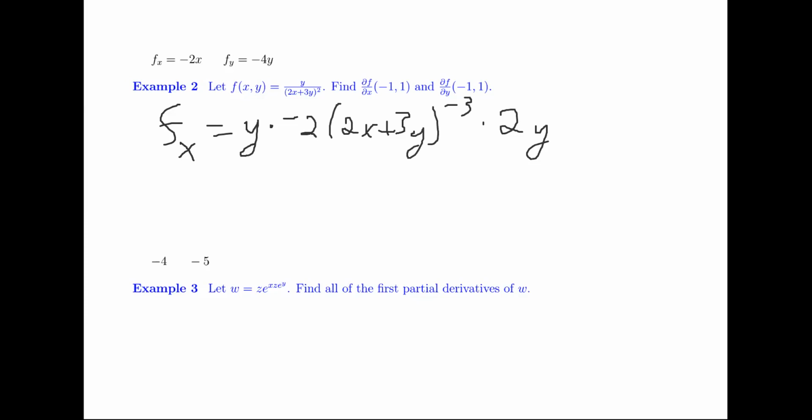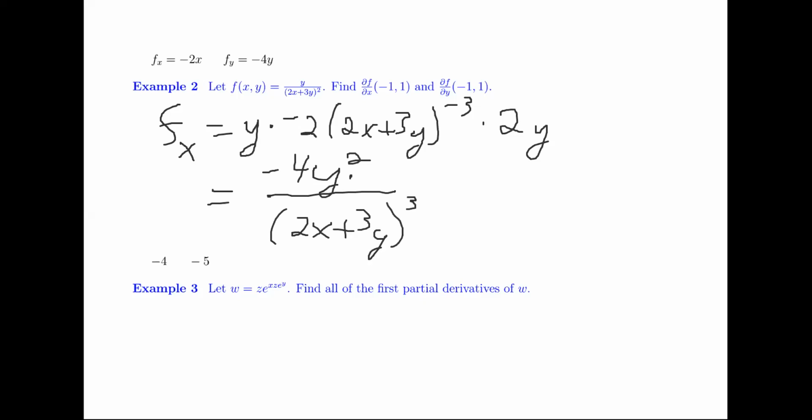So we get f sub x is negative 4y squared all over (2x plus 3y) cubed. And we want to evaluate this at negative 1, 1.